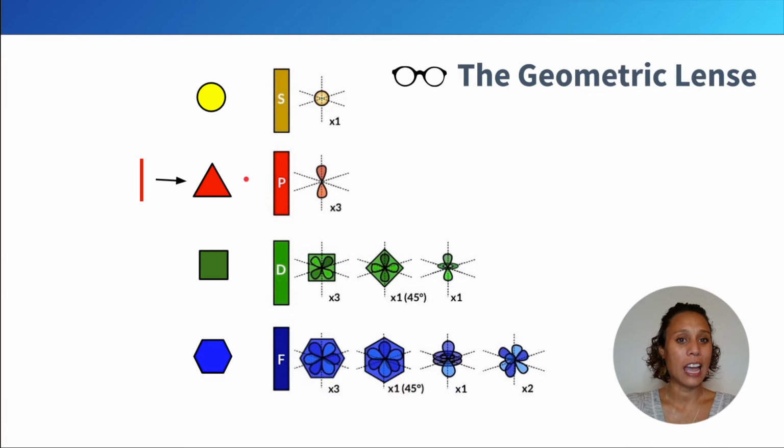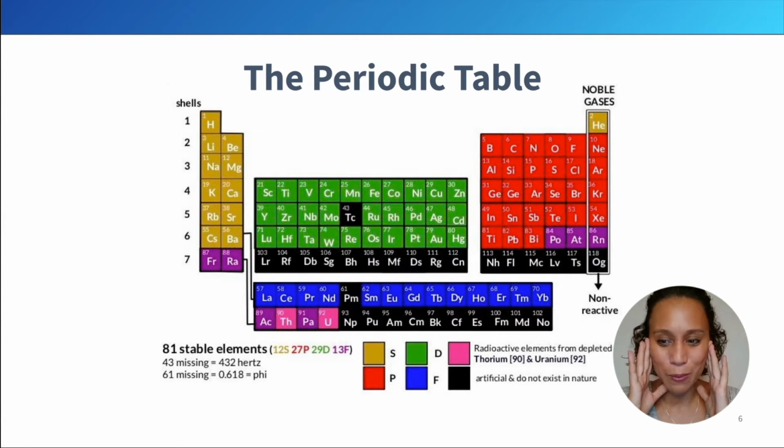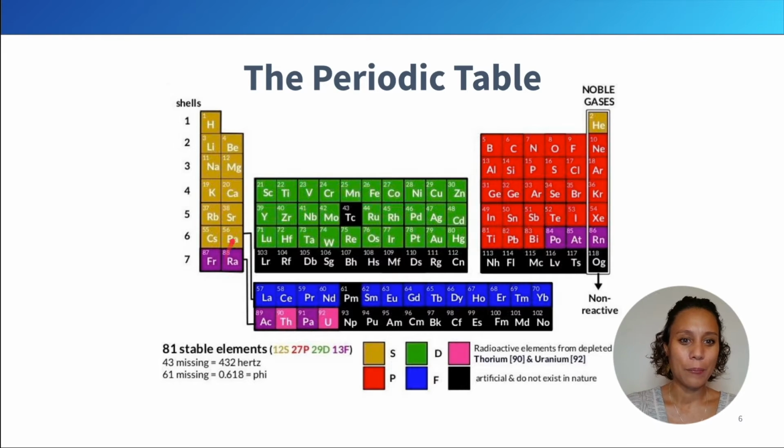So if you think about orbitals, you could pretty much say the s orbitals form a sphere, a circle, the p a triangle, the d a square, and the f a hexagon. And what does it mean for our periodic table? I know a lot of people might say, oh God, this periodic table is so complicated. Yes, it is, but actually it's also not. I'm not going to explain everything right now, but in general, we have 7 shells, and these elements are structured just by numbers.